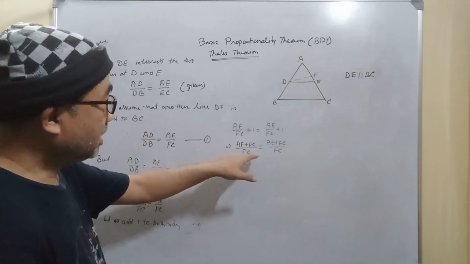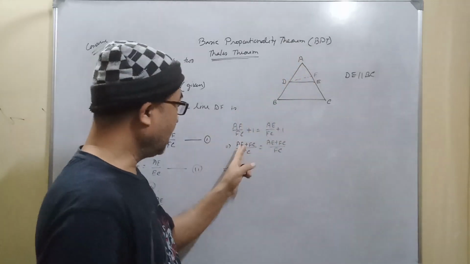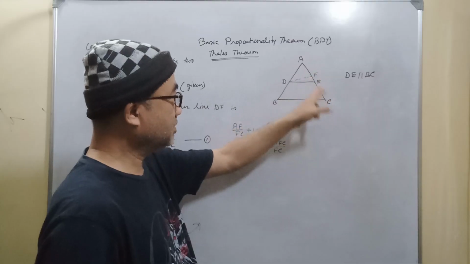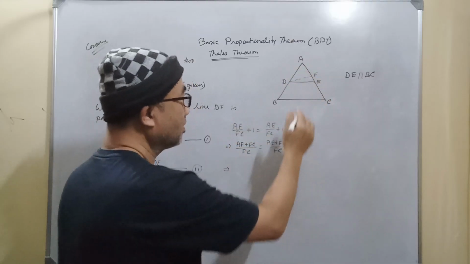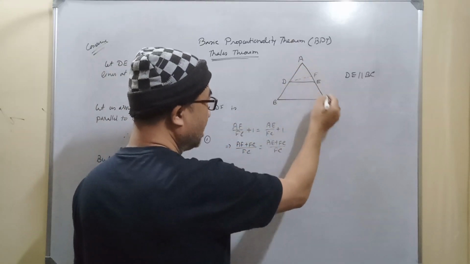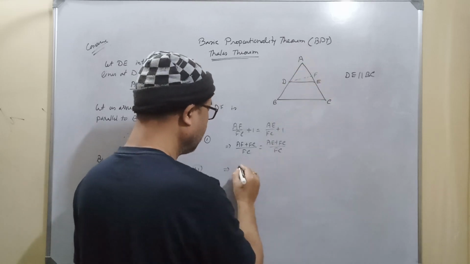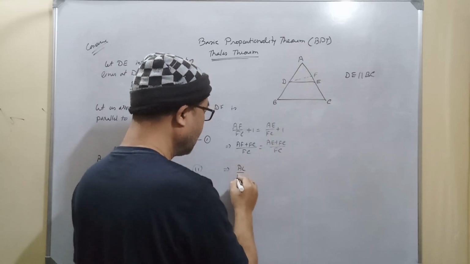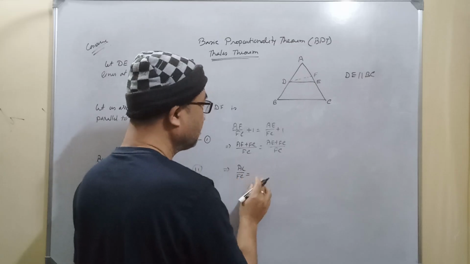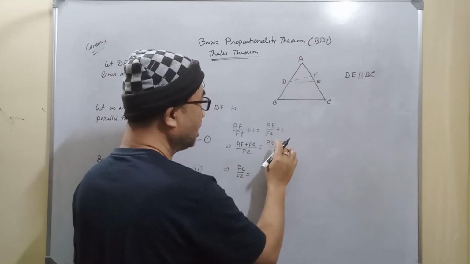What is AF plus FC? AF plus FC is AC. AC by FC.